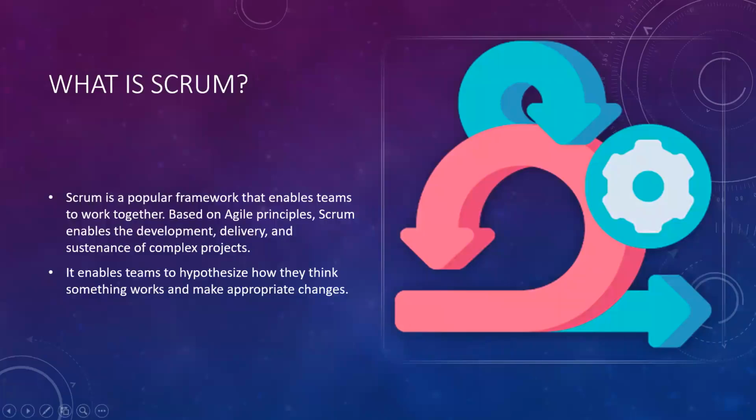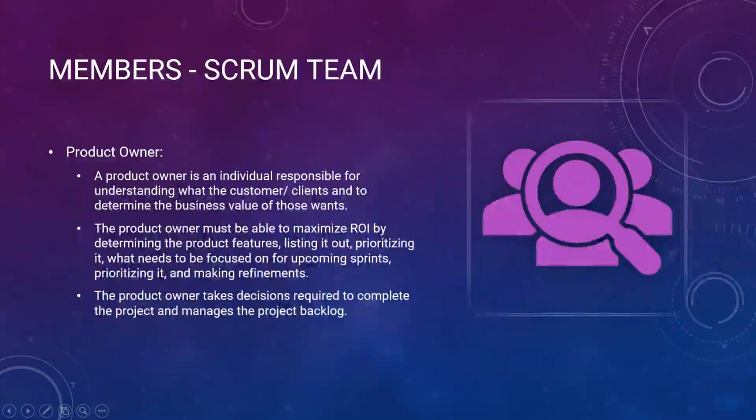So who are the members of the Scrum team that we are going to discuss now? The product owner. This person is responsible for understanding the customer and client requirements, and here he's going to prepare the product backlog. The product owner is an individual responsible for understanding what the customer or client wants and determining the business value of those wants, what they are looking for.